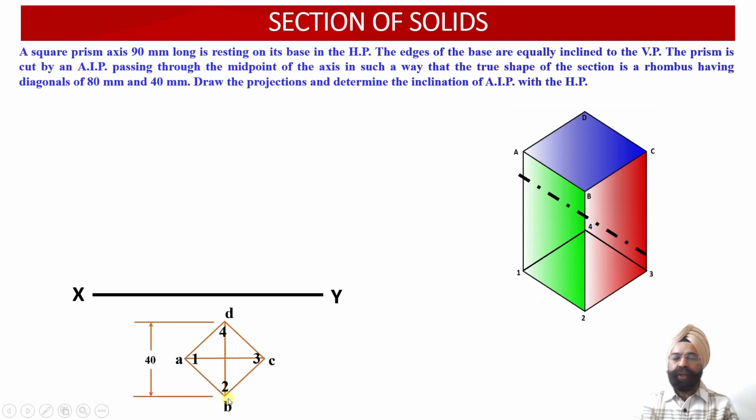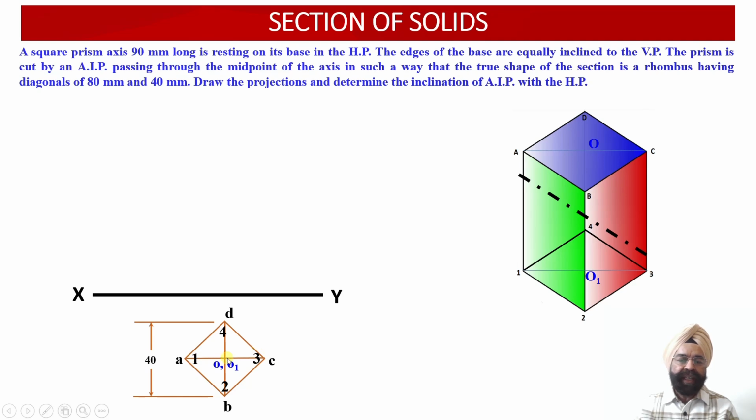So corresponding to this, we have been able to obtain the projections of the square prism in which all the 4 edges of the base are inclined at an equal angle of 45 degree with respect to the vertical plane. Now we have obtained the top view projections. Now let us obtain the axis point of the square prism in the top view projections over here.